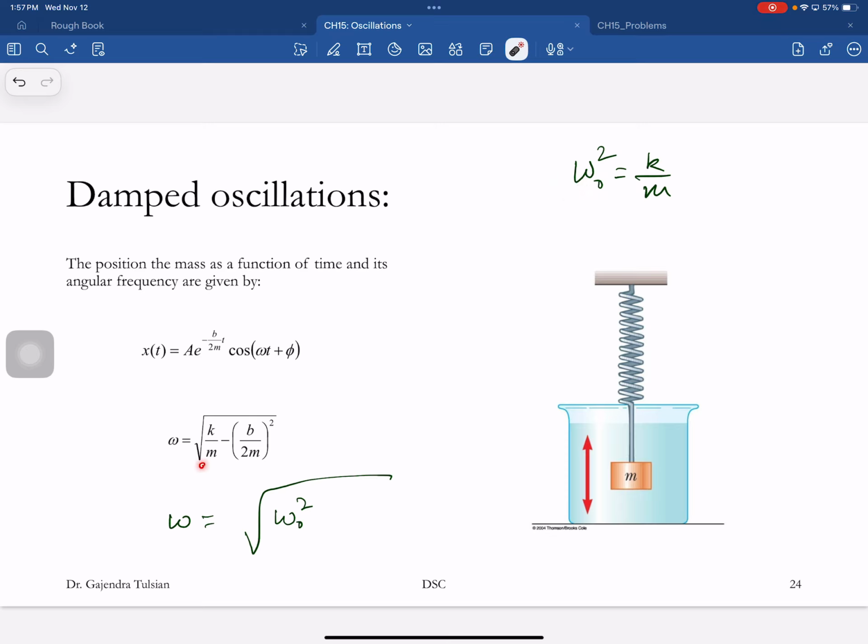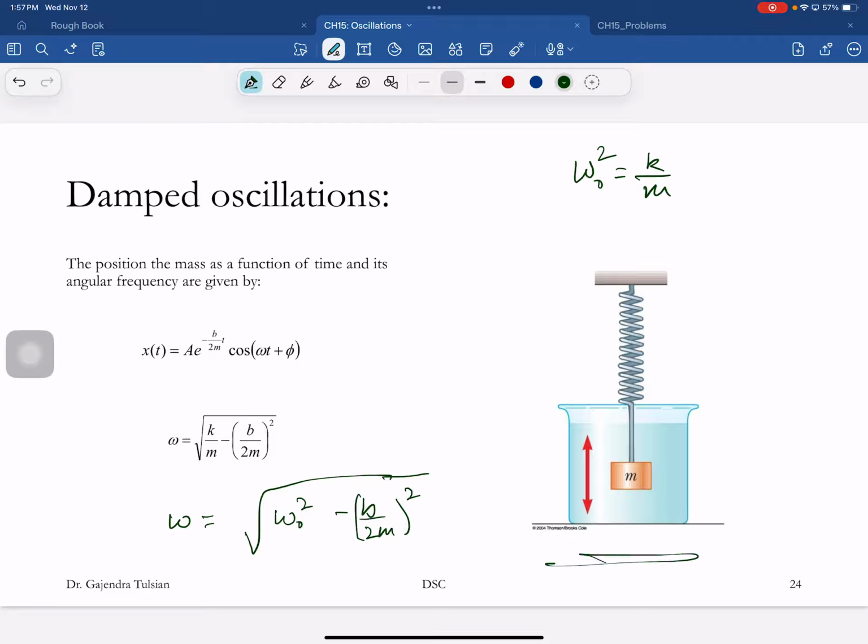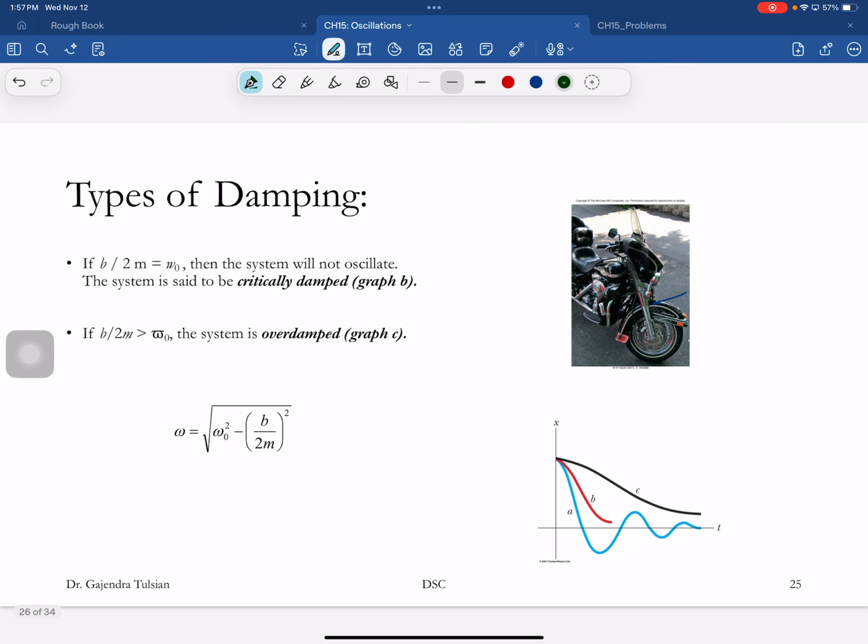So this is the old frequency. And with friction present, the new frequency is slightly smaller, and that makes sense. If there was no friction, it would be oscillating fast, and then we add friction, so it's oscillating a little slower. Okay? So the friction has reduced your oscillation frequency.